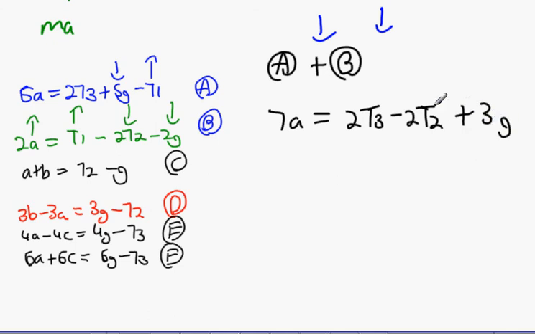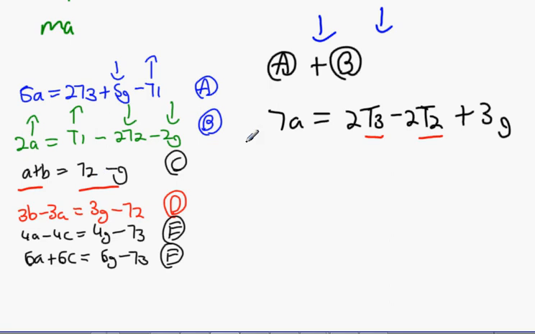Now, I'm looking at these and I'm going, if I can trade out T3 and T2 and replace them with A and G, I'm in business. Well look, equation C does exactly what I'm looking for. And so does that one, that's T2. What about T3 in terms of A and B? I can't get a T3 in terms of A and B. I'm going to be left with a C unless I join them together.